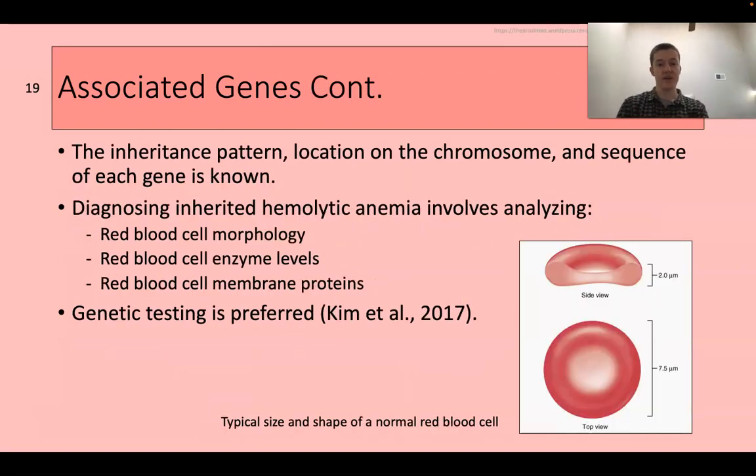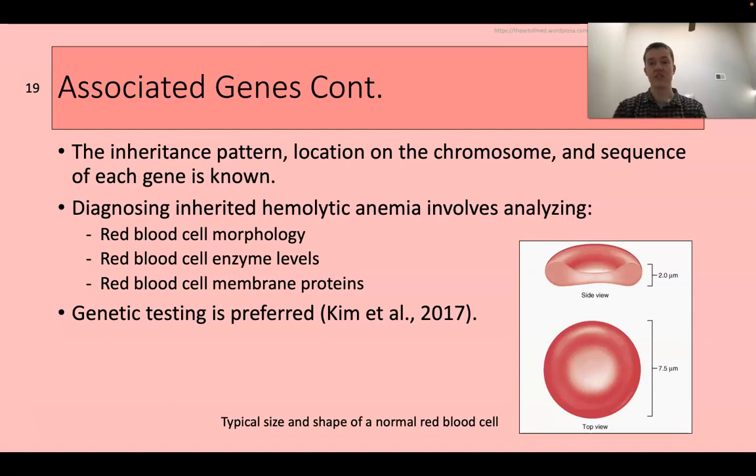And the inheritance pattern, location on the chromosome, and sequence of each gene is well known, which is a good thing. Traditionally, diagnosing inherited hemolytic anemia involves analyzing red blood cell morphology, or the size and shape of the red blood cell, measuring red blood cell enzyme levels, and analyzing red blood cell membrane proteins.